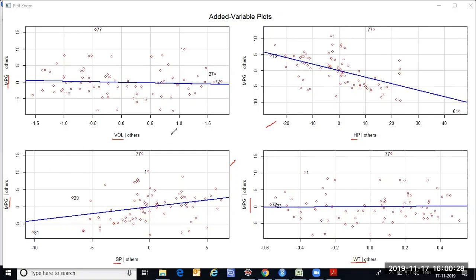But the first and fourth: in case of volume, there is a very slight, very minimal slope. But in case of weight, it is almost exactly on the line 0. That means weight is not at all helpful towards the MPG prediction.